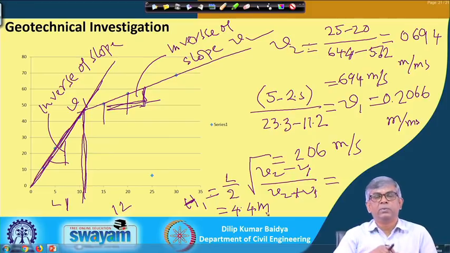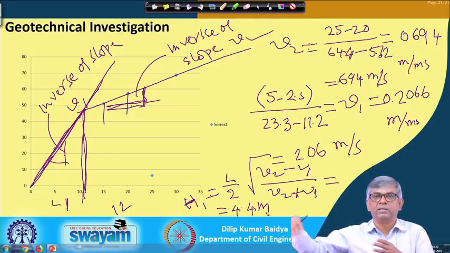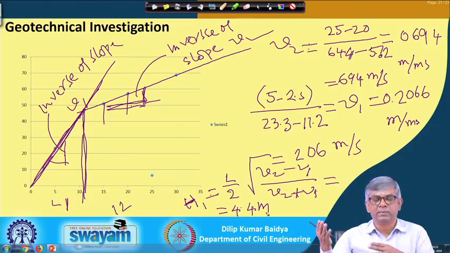That means if you generate a disturbance at a particular source point, and keep a number of receivers in the same line, then you get the first arrival time recorded. Then you plot distance versus travel time, and we will see that bunches of data lie on straight lines.